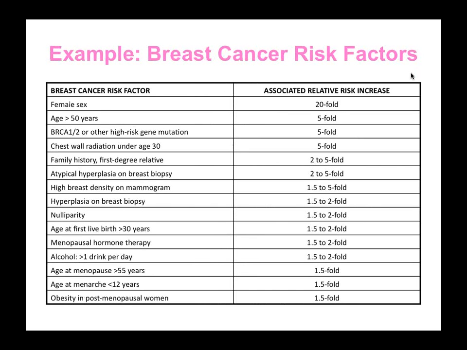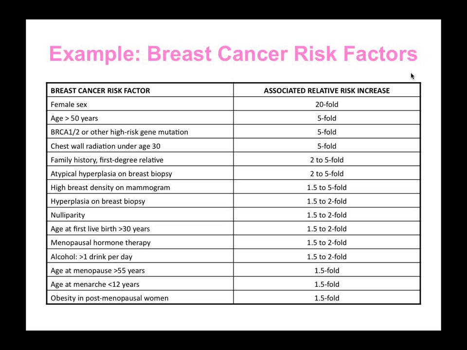So this is, again, just looking at an example of breast cancer, and you can see this is really quite a long list. These are all factors that have been implicated to contribute to breast cancer risk. On the left, we know, for example, that breast cancer, of course, is much more common in women than men. It is a disease that becomes more common with age. So when a woman becomes postmenopausal over age 50, that's where we start to see a rise of breast cancer incidence.